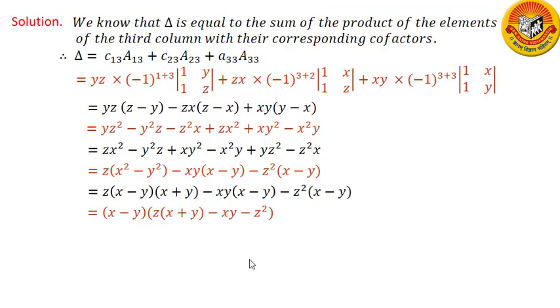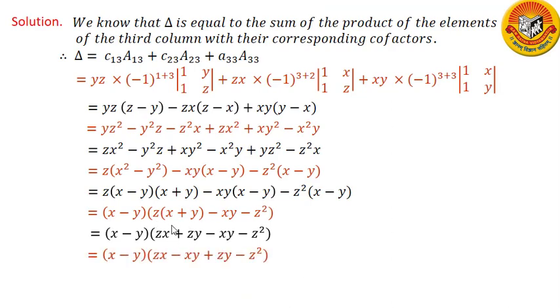Again we can open this bracket. Now again these four terms we can simplify. zx plus zy is there, minus xy minus z square. So let us rearrange, write zx minus xy plus zy minus z square. Now here we can take x common, or you can take minus x common, right? If I take minus x, I will get y minus z. So let us take minus x common, and from here I take z common.